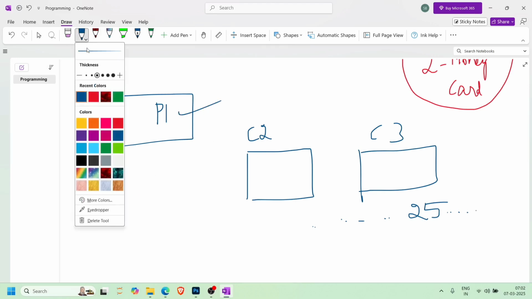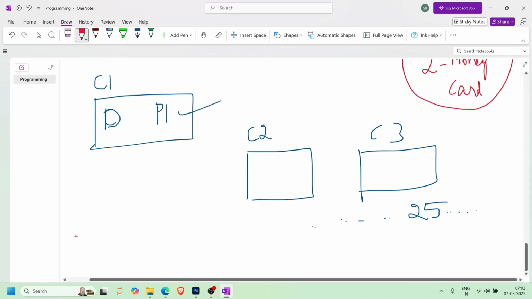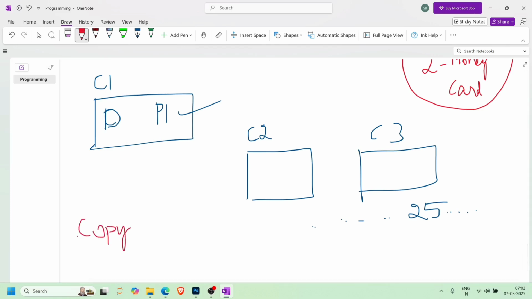Obviously you will say, sir, I'll copy paste it, so inheritance is not required by me. But what is the problem with the copy paste methodology? Let us say I have written procedure 1 in the first location and I have copied it to the 25 locations.